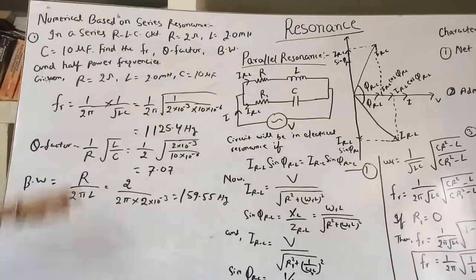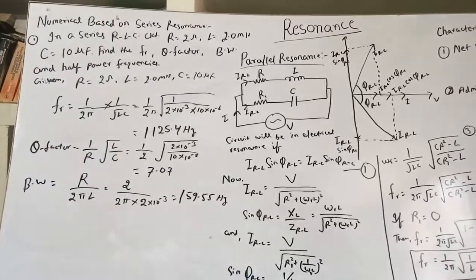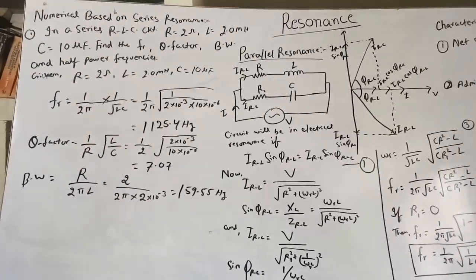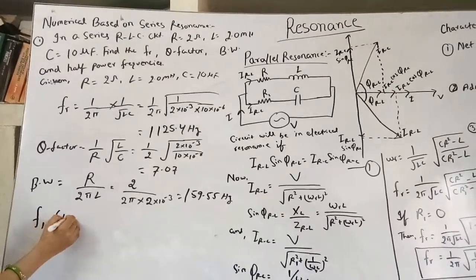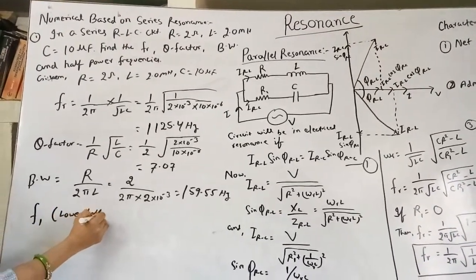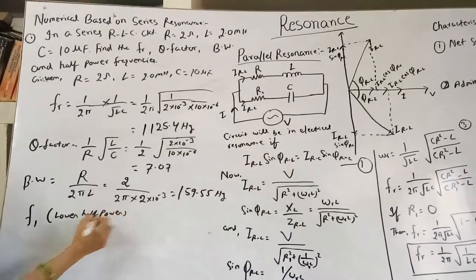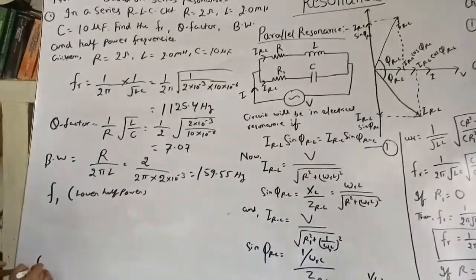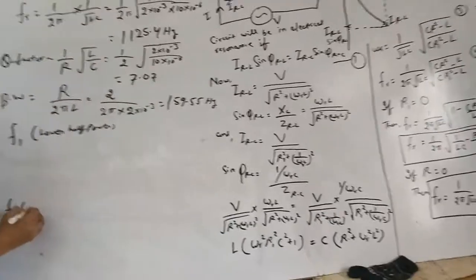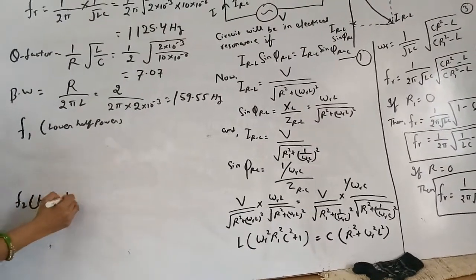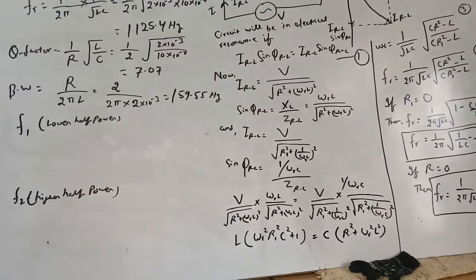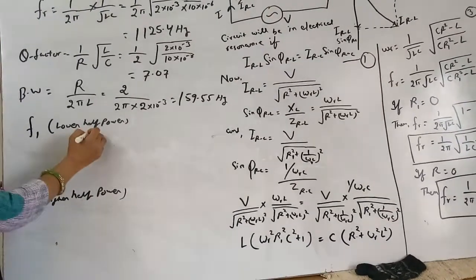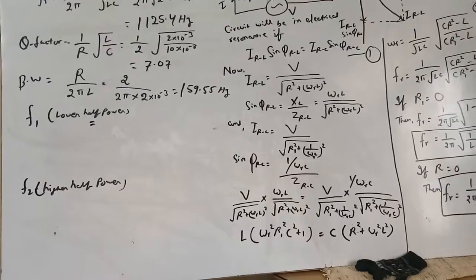Next is your half power frequency. There are two types of half power frequency. F1 is your lower half power frequency and another is F2, that is higher half power frequency. So both these formulas I have derived earlier.